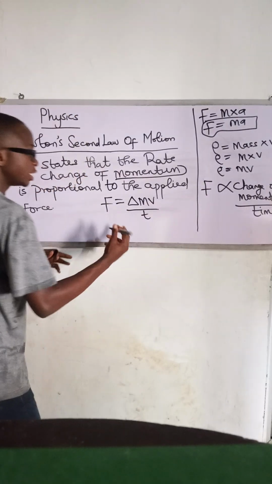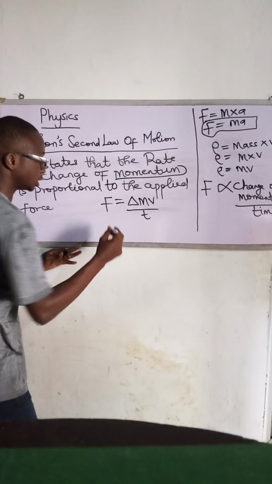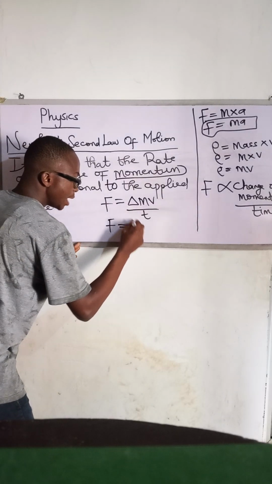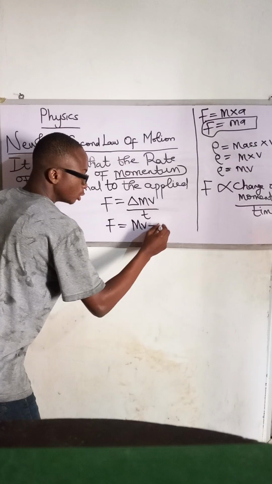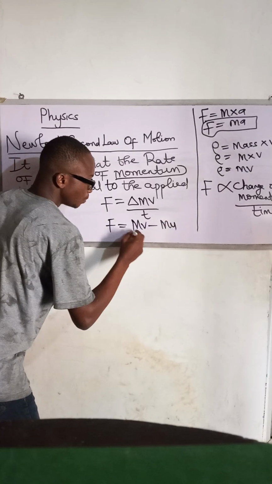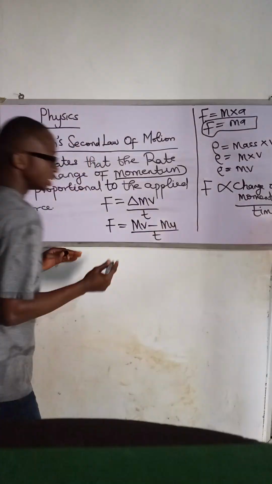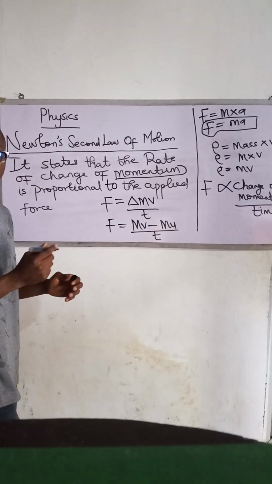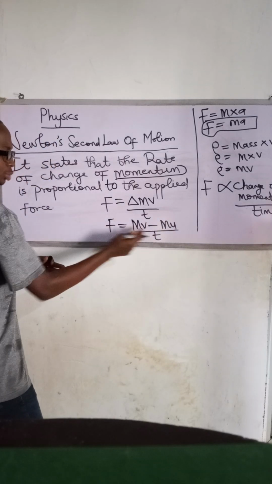So if we are given final velocity and initial velocity, we'll have F is equal to mv minus mu all over t. Here v stands for final velocity, u stands for initial velocity. But in mathematics, we can do something to this.